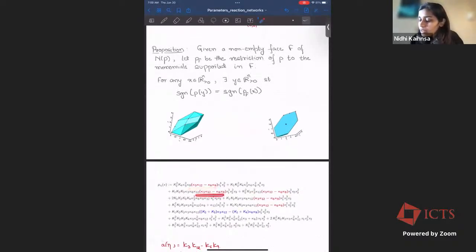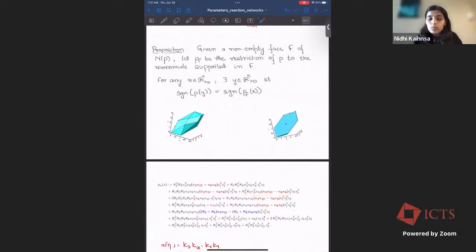I've written them down in such a way that the ones which are not colored will always be positive, because all of my parameters and all of my variables are always evaluated on the positive reals. But these ones have a negative sign inside them. So if I pick my parameters in some special way, then I have a negative coefficient somewhere.